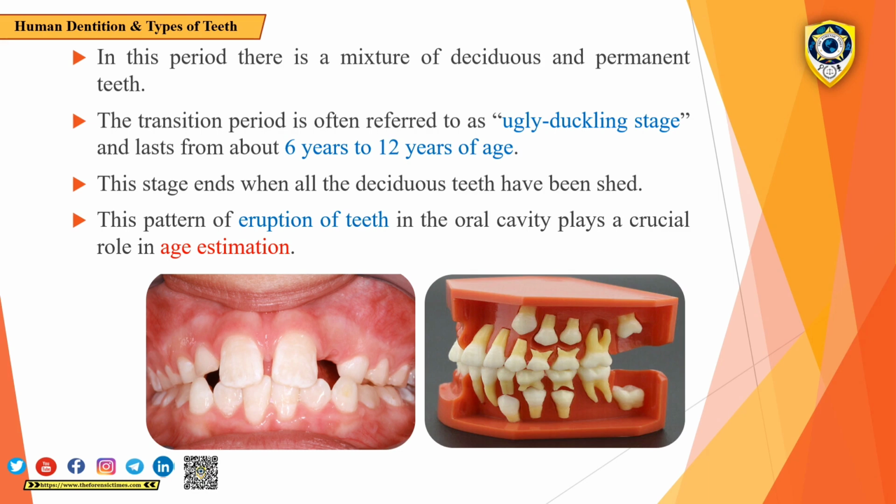And once all the primary teeth have fallen, then the mixed dentition period ends. So this pattern of eruption of teeth, that is, first your primary teeth erupt and then they fall off, this is followed by eruption of the permanent teeth in their place. So this pattern is crucial because it plays an important role in the estimation of age.